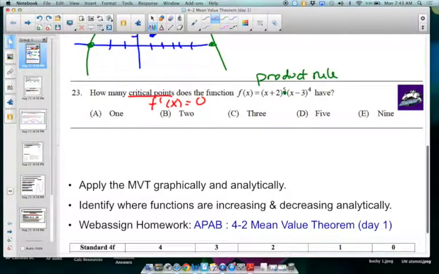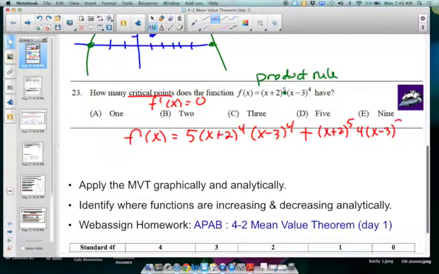What's the derivative of this first thing? 5x plus 2 to the 4th. And since I took the derivative of the first, I leave the second alone, right? Now leave the first alone. What's the derivative of this piece? 4x minus 3 cubed.